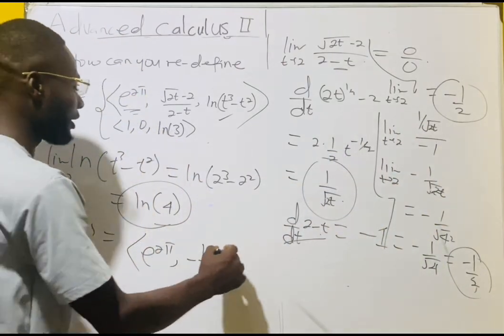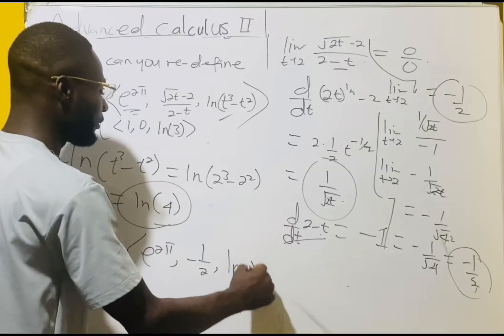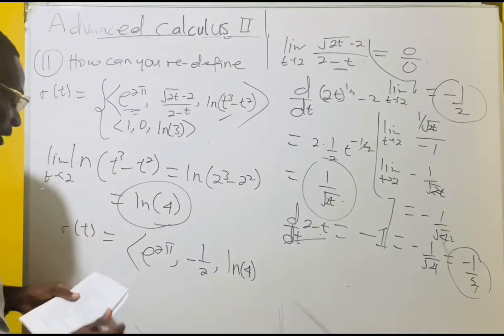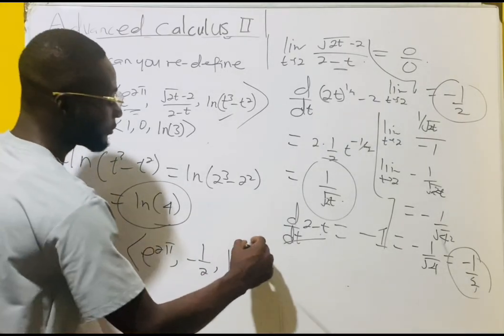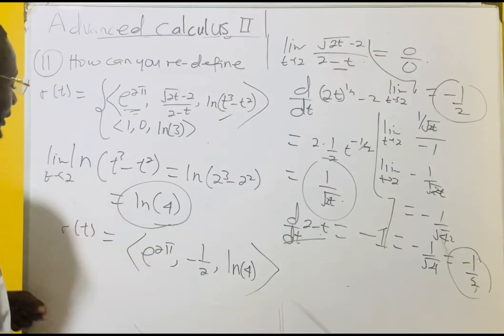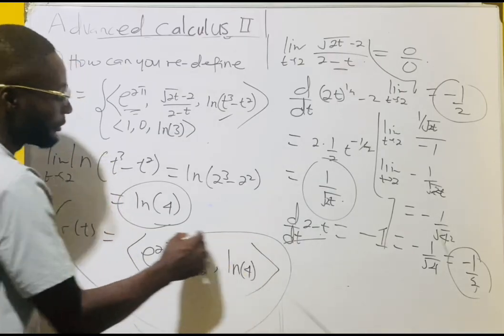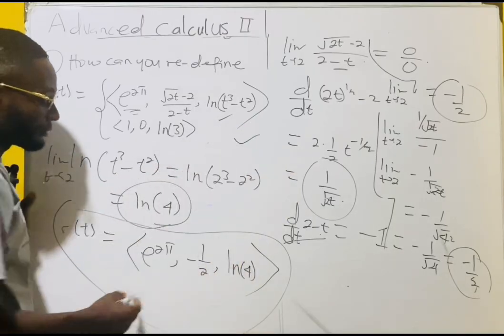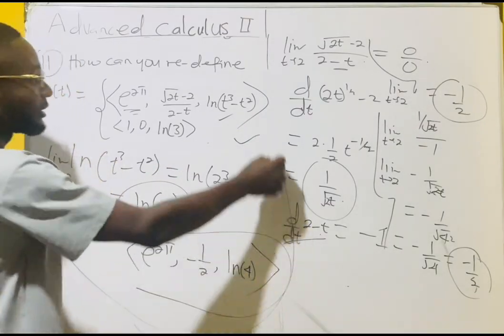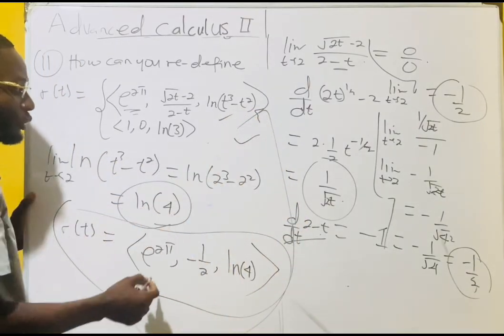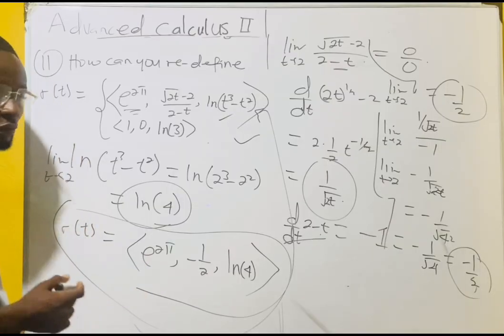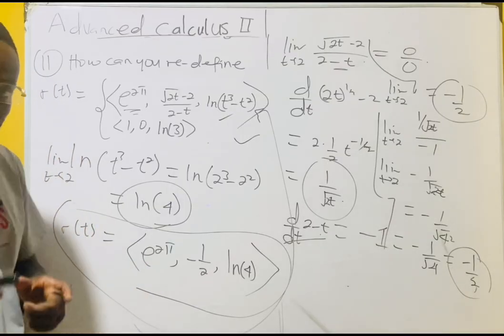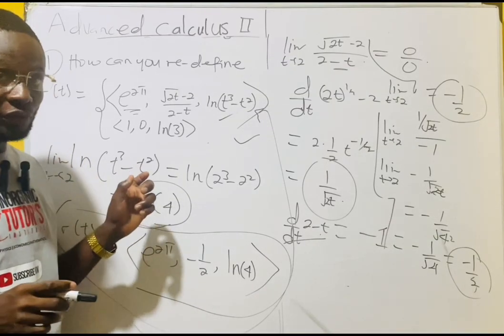And the last part we have ln 4. Okay, so that is the solution to this particular problem. This is how you redefine the function to be continuous.